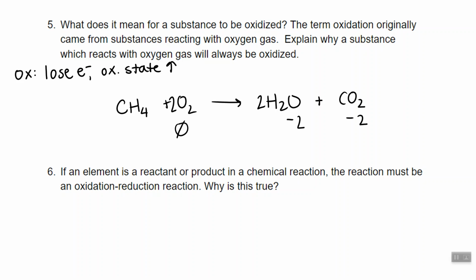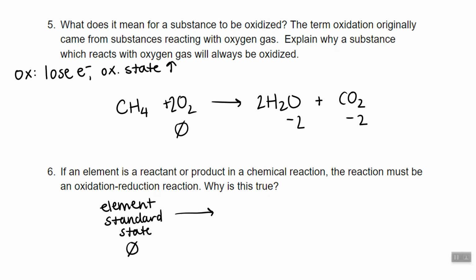If an element is a reactant or a product, a reaction must be oxidation-reduction. Why is this true? So if we go from a pure element in its standard state, its oxidation state is going to be 0.